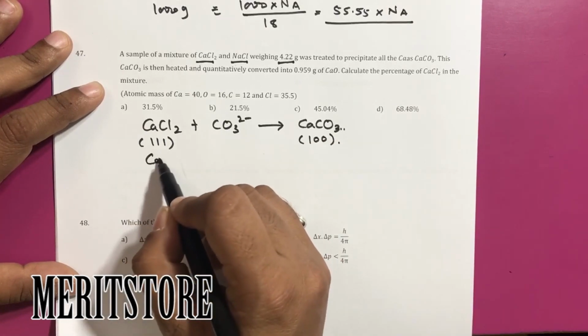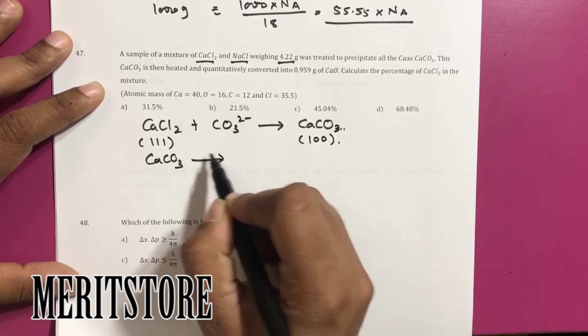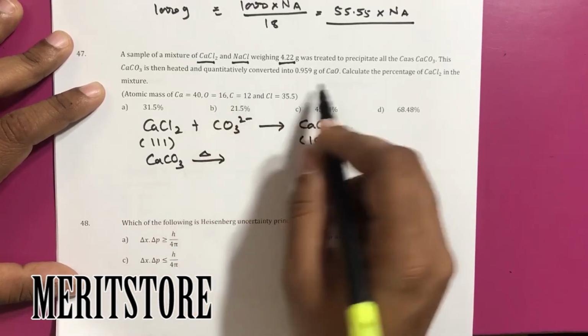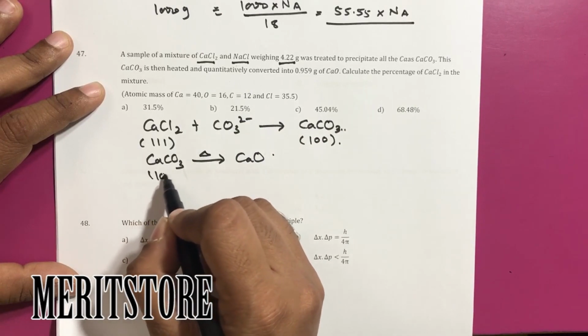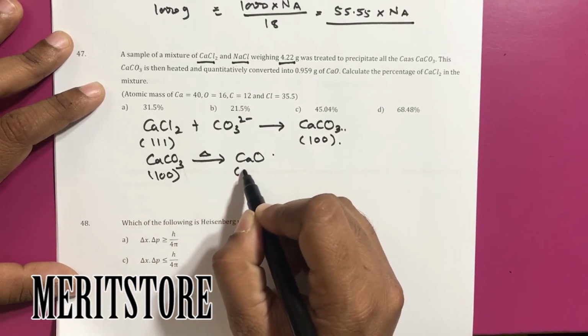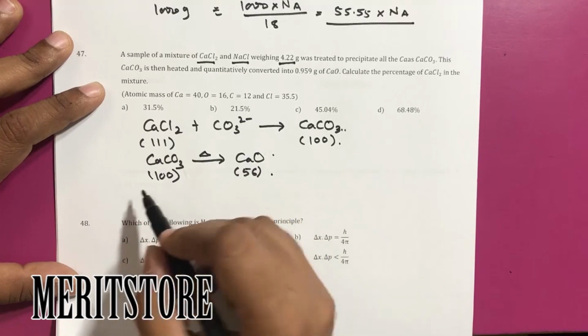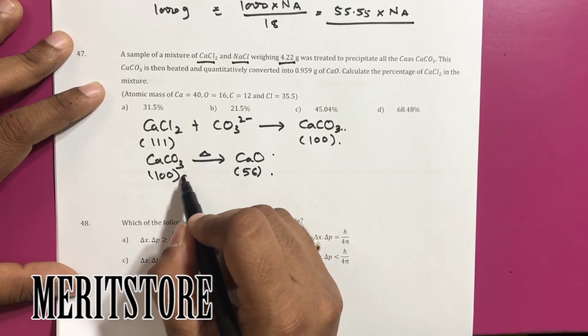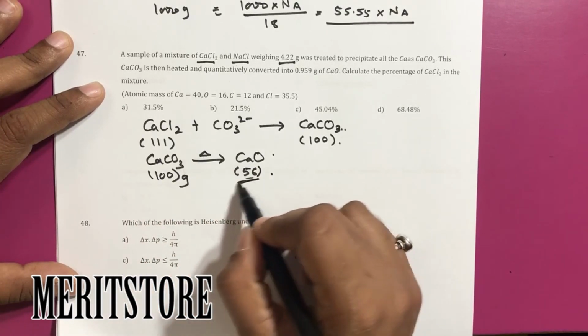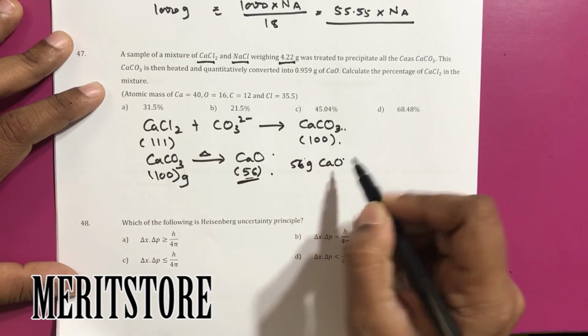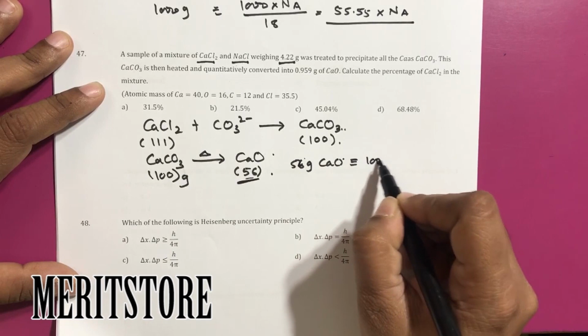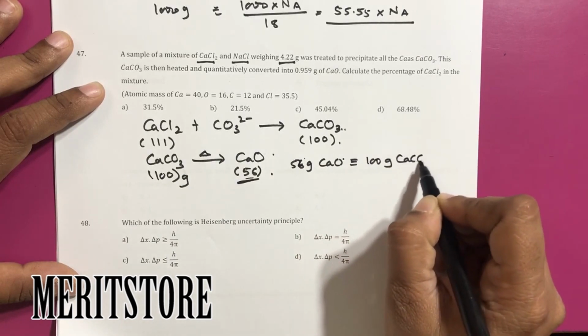Now this calcium carbonate, they are saying further, is heated so as to convert it quantitatively into calcium oxide. The molecular weight of calcium carbonate is 100 and that of calcium oxide is 56. So 56 grams of calcium oxide is obtained from 100 grams of calcium carbonate.